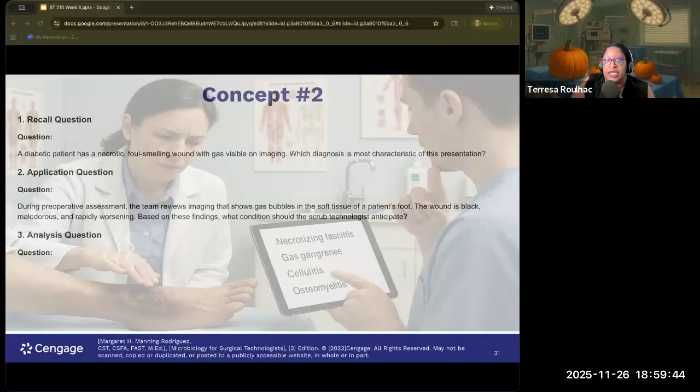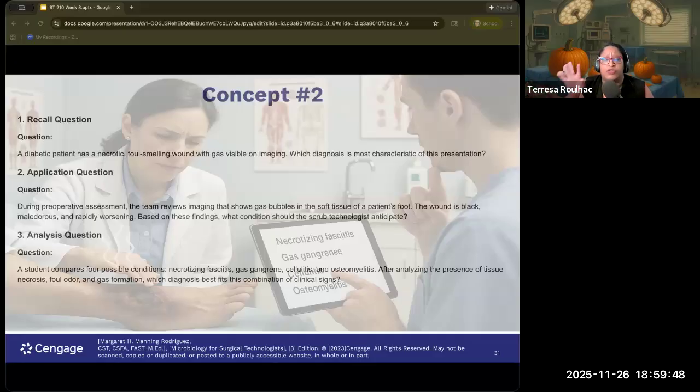Now let's get to an analytical question. A student compares four possible conditions: necrotizing fasciitis, gas gangrene, cellulitis, and osteomyelitis. After analyzing the presence of tissue necrosis, foul odor, and gas formation, which diagnosis best describes this combination of clinical signs?